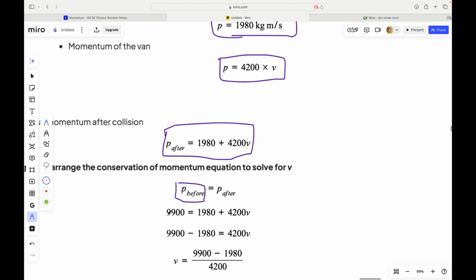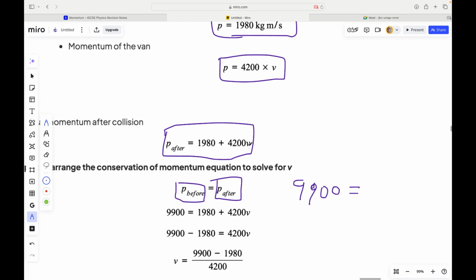We had 9,900, which was the total momentum before collision, because the van was 0 and didn't contribute. It is equal to the momentum after collision, which is 1,980 plus 4,200 V, because this is for the van, the mass of the van times the V.